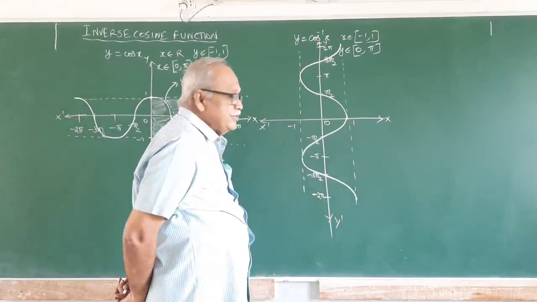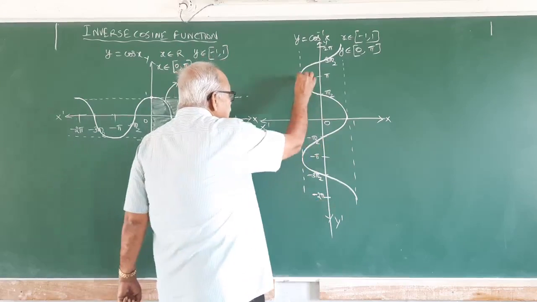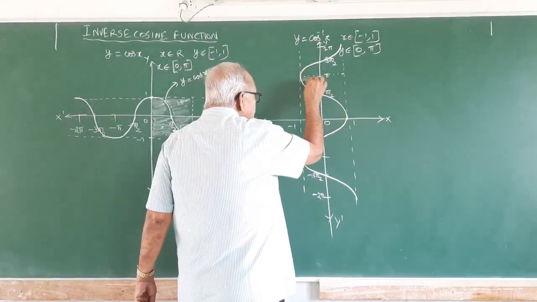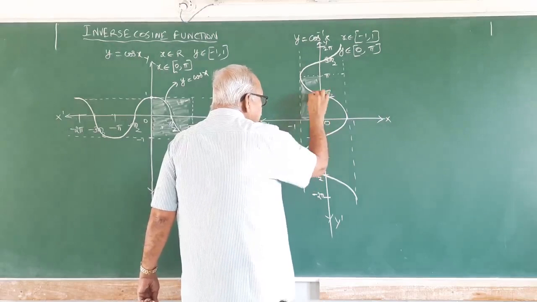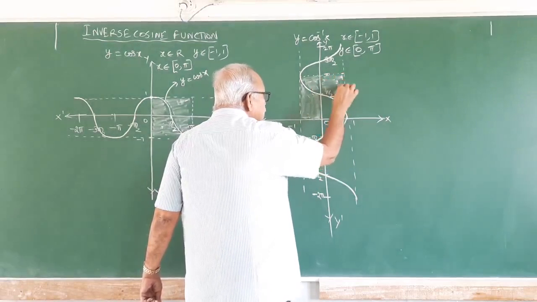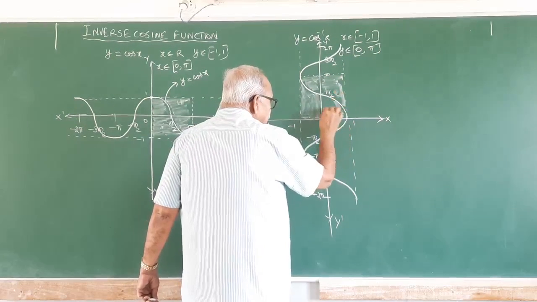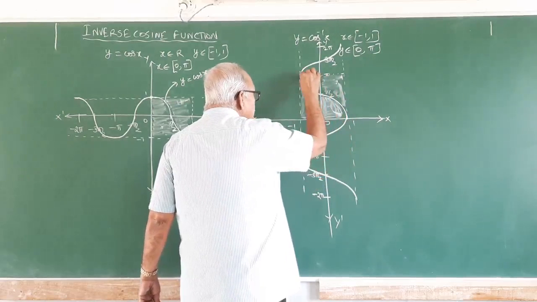So which part is this one? See, cos inverse, a beautiful thing is coming from the graph. Its value is always positive. The value of cos inverse of x never becomes negative because it is 0 to pi. It is positive only. From the graph also you will perfectly be able to understand.